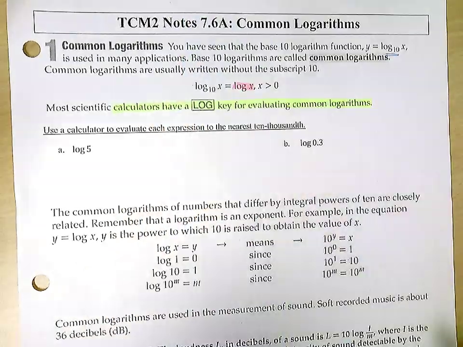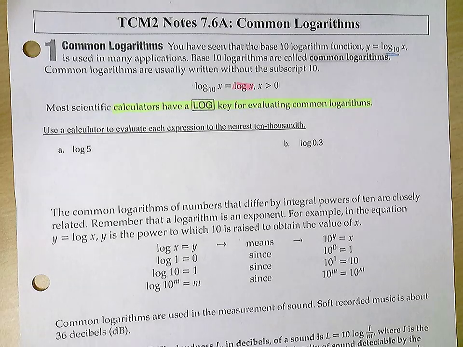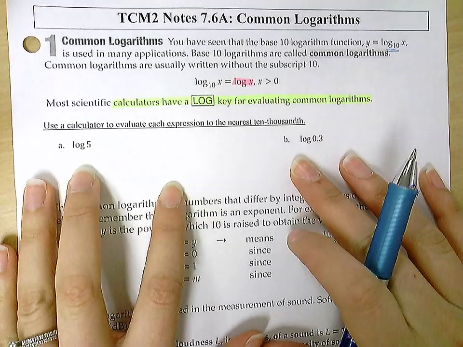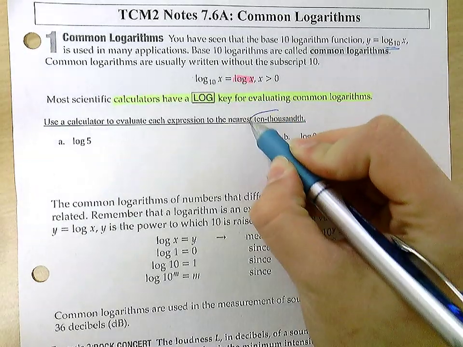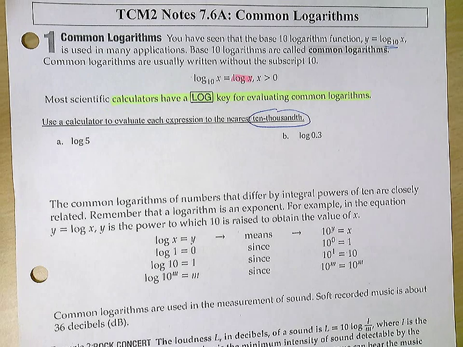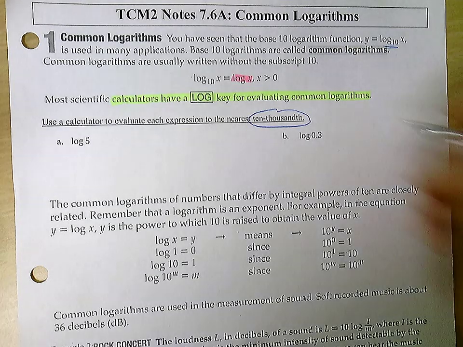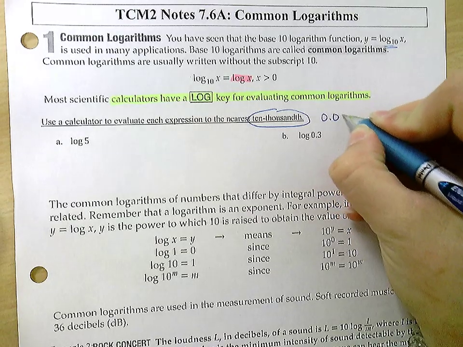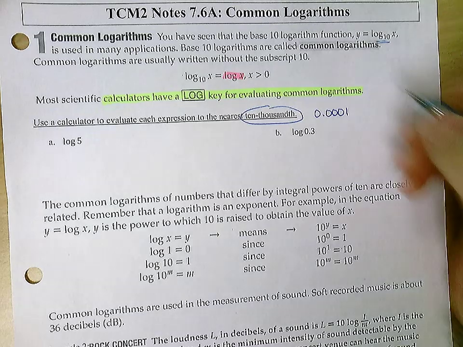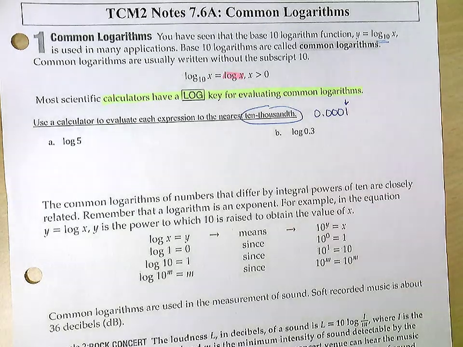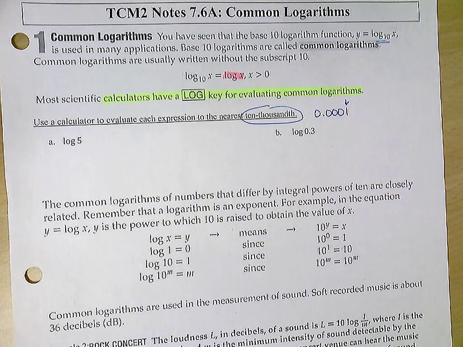That's what we're going to do in A and B. We're going to round to the nearest 10,000th, which is 4 decimal places to the right, like 0.0001. That is your 10,000th place value.